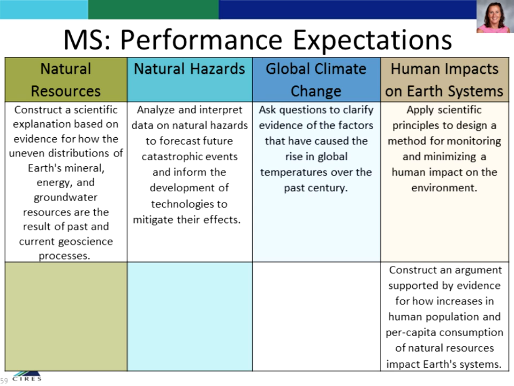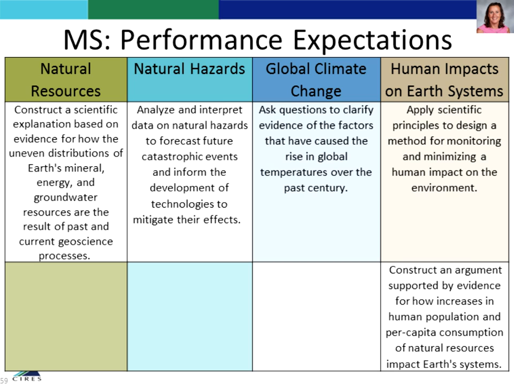So if we look here at global climate change, the students should be posing questions that serve to clarify multiple lines of evidence of the factors that are causing increases in global temperatures, specifically over the past century in this performance expectation.